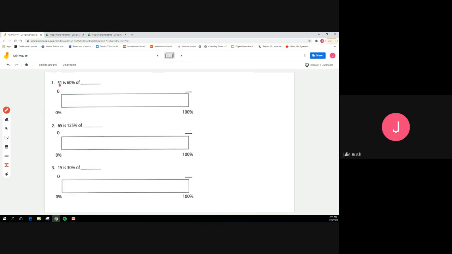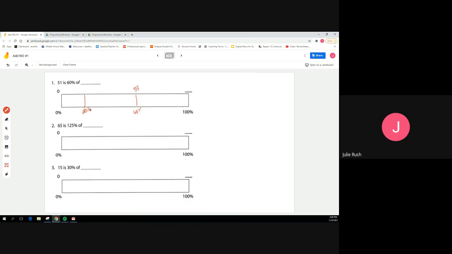It says 51 is 60% of some number. So that's where my answer will be right here. 51 is 60%. So I eyeballed 60% to be around right here. So there's my 60%. And I know that that's 51. Since it ended in a 1, and I know that 60 is divisible by 3, I divided by 3, and that got me to 20% on the bottom.